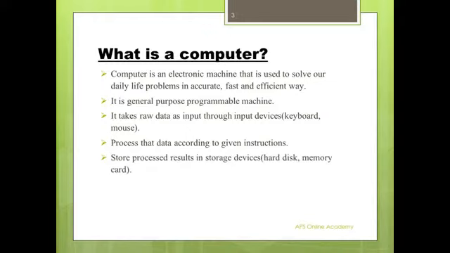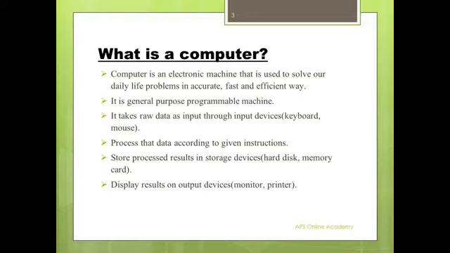After process of data, it stores the result in storage devices. Storage devices means you can store the result permanently in hard disk, memory card, USB flash drive and many other devices like CD and DVD, etc. Display result on output devices.